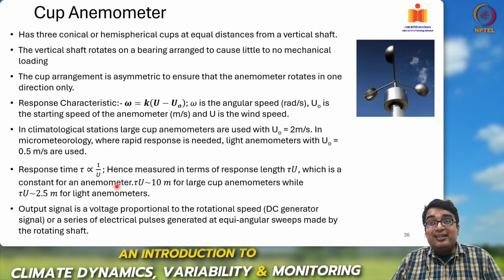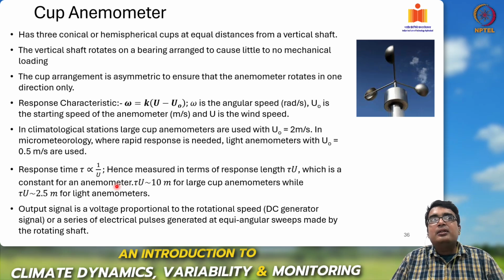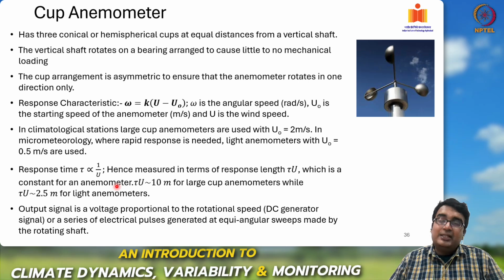The lower the wind speed, the longer the response time. Suppose you initially have a wind speed of 5 meters per second, and that wind speed changes by 1 meter per second. Then the response time is proportional to 1 by 5. However, if you had a wind speed of 10 meters per second and that changed by 1 meter to 11 meters per second, then the response time is proportional to 1 by 10.